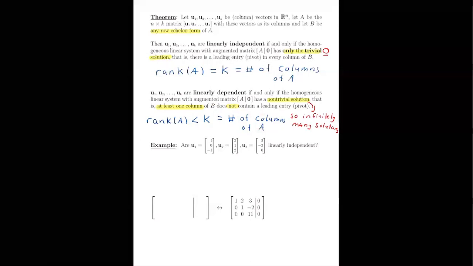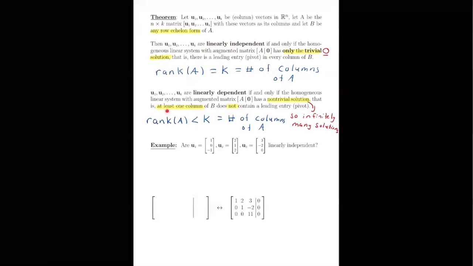And so we can use these two conditions to check whether the columns of A are dependent or linearly independent. If there is a leading entry in every column of B, which is the same thing as the rank of A being equal to the number of columns of A, then the columns of A are linearly independent.